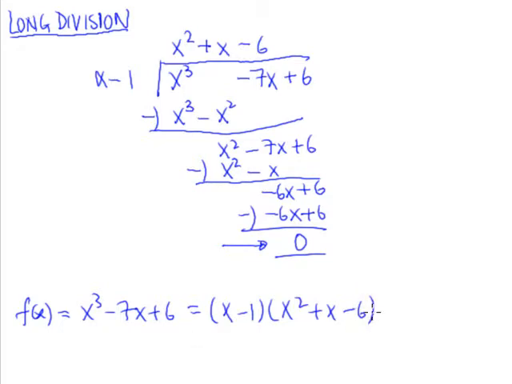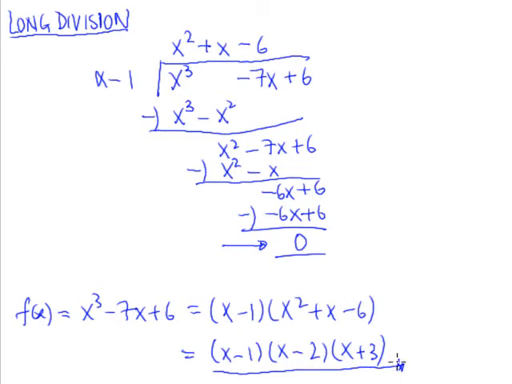Okay, so we factorized it, but this is not completely factorized yet, because this quadratic factor can be further factorized, isn't it? So this will become x minus 2 and x plus 3. Okay, and here we go. We have completely factorized f(x) into 3 linear factors, and this is by using the long division method.